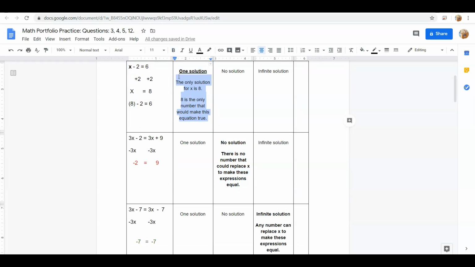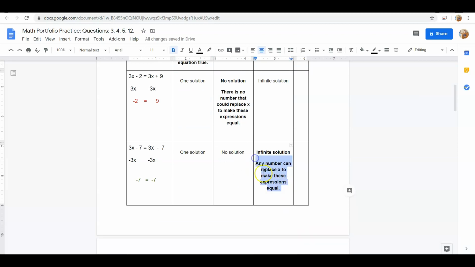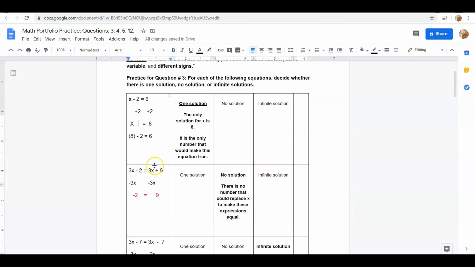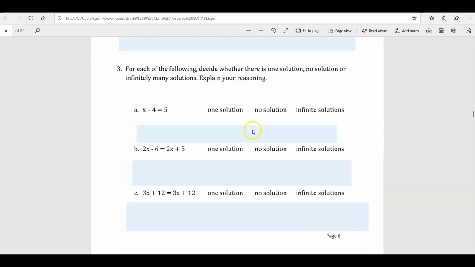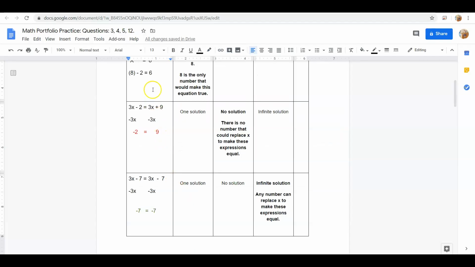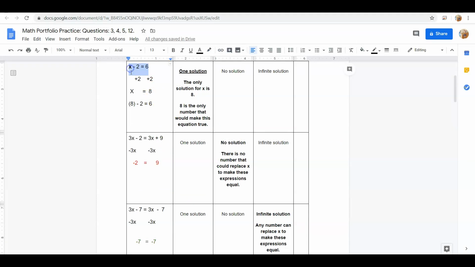I'm not telling you to use my sentences, but when you apply these steps to the other questions in the portfolio that you'll have to answer, you see they're very similar, but they're different. I also need you to use sentences to explain your answer. So I need to see the math work. I also need to see these sentences. I also need to see you clearly state which solution set it is.